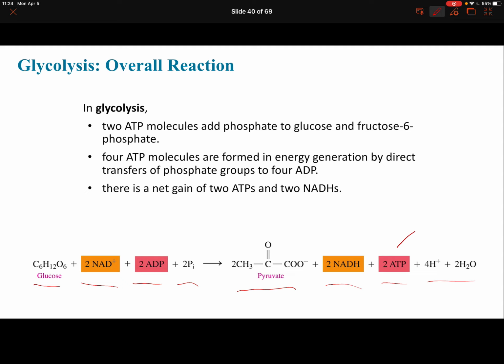So this would be the net reaction, because of course we know that it costs some ATPs also, right? And we really made four, but there's our overall reaction. So from every glucose we get two pyruvates, two NADHs, and two ATPs.